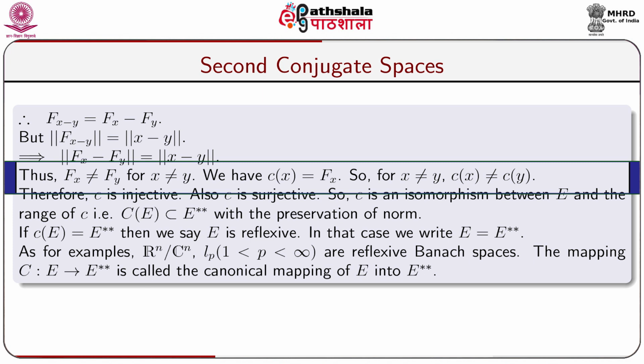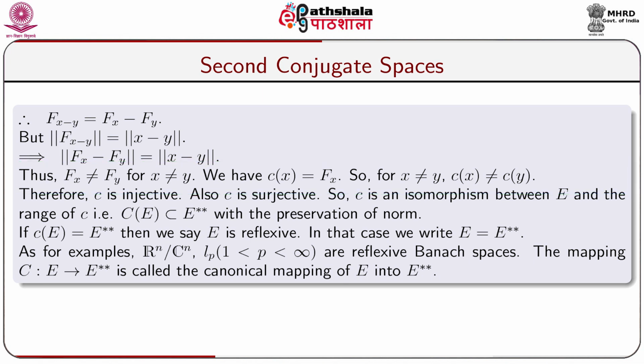Thus, Fx is not equal to Fy for x not equal to y. We have Cx equal to capital Fx. So, for x not equal to y, Cx is not equal to Cy. Therefore, C is injective. Also, C is surjective.